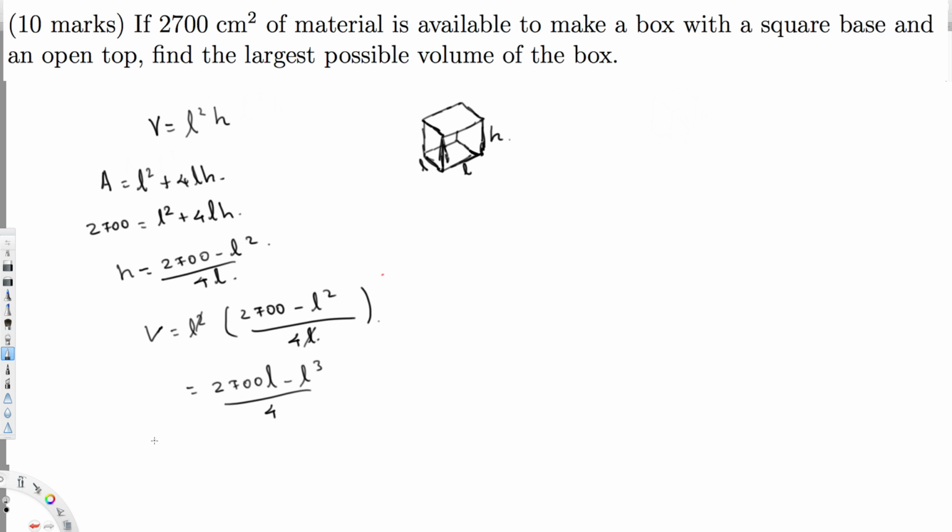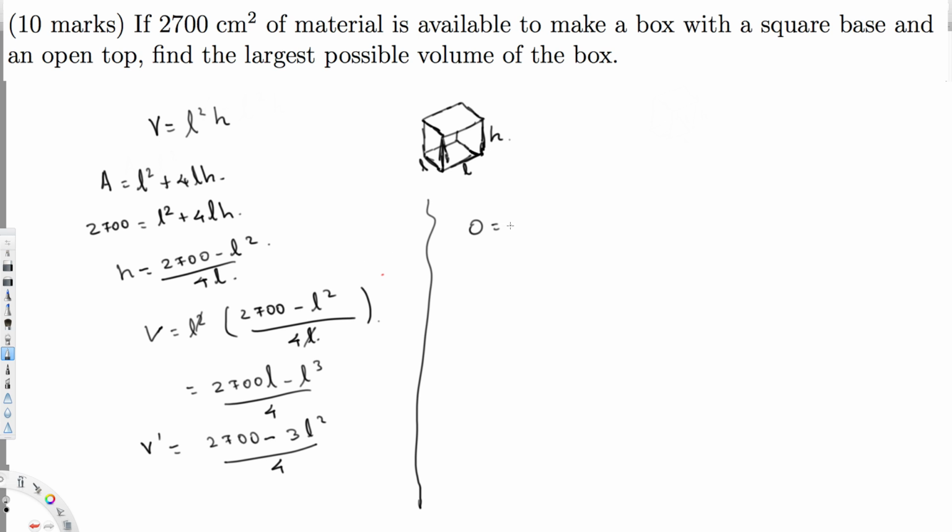To find the critical points, I have to find the derivative and equalize it to 0. The derivative of this one is going to be (2700 minus 3L squared) over 4. This is my V prime, and I have to equalize it to 0 to find the critical number.